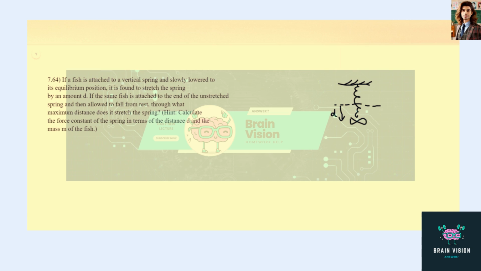So if we create a free body diagram for the fish right there at its point, we'll note that it has a force due to gravity on it, but what's holding it up is a spring force, kx, where x is the distance it has been stretched, d.